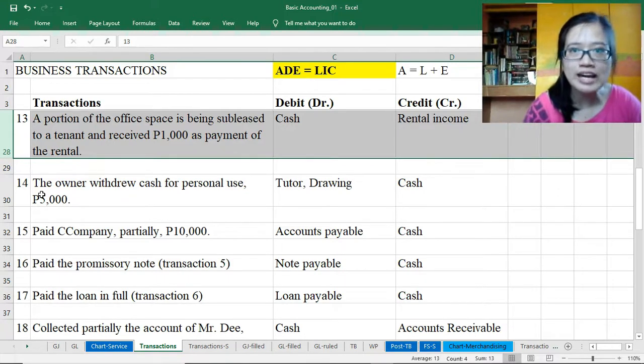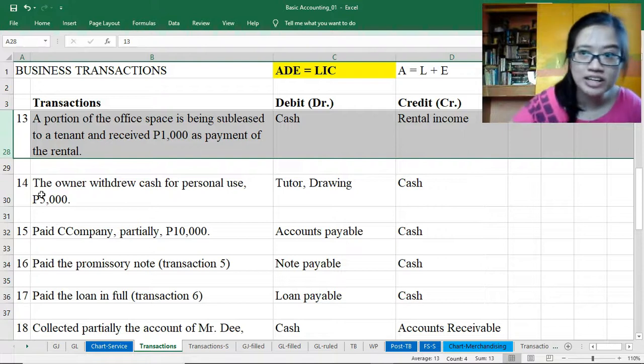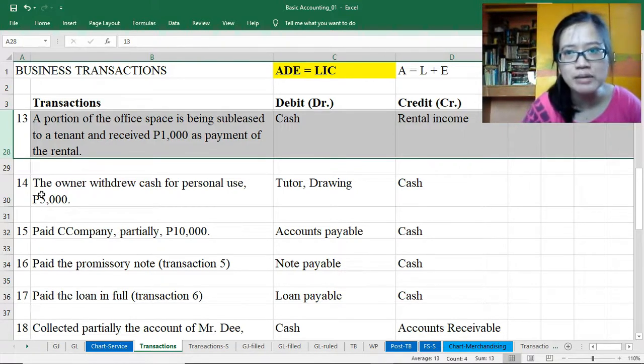So, nakatanggap ng pera. Affected accounts natin, increase in asset. Nagkaroon ng cash. Tapos, additional income. Kasi, di ba, pinarentahan nila yung space na hindi naman nila ginagamit. So, credit to source of income, which is rent. So, rental income. In particular, ang entry nila would be debit to cash and then credit to rental income.